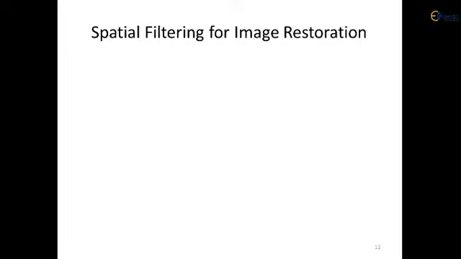Now the popularity of the median filter is really a question here. We have the max min filters, midpoint filters, and the alpha trimmed mean filters also. The thing is very clear: it gives us most of the time precise results with less effort. That is why this particular filtering is popular.